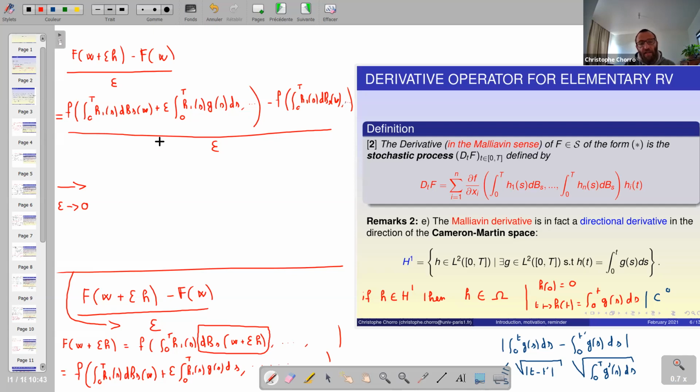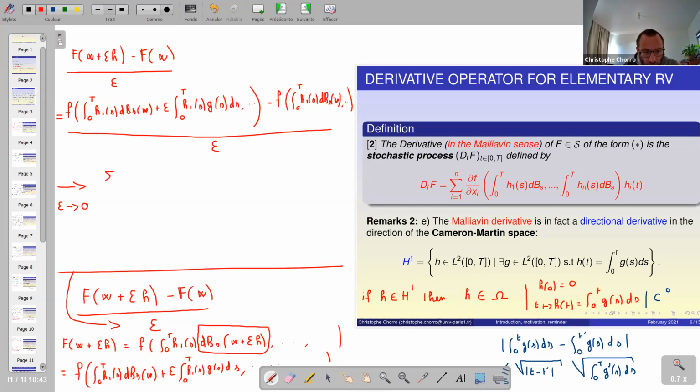It will be the derivative of this mapping at epsilon equal to 0, keeping in mind that I have the epsilon here. I have only written the epsilon for the first component, but I have it for all the other components too. So I just have to compute the derivative of a mapping depending on several components.